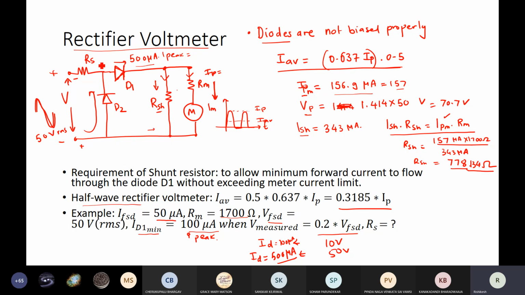Now we have to calculate RS also. How can you calculate RS? Consider this circuit, this part.